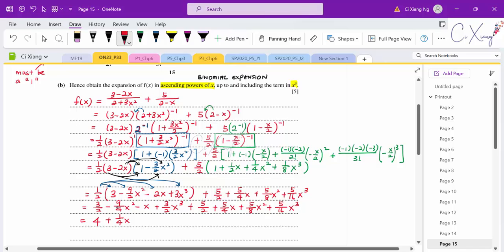For the term x squared, negative 9 over 4x squared plus 5 over 8x squared, if you didn't do any careless mistake, the calculator will give you negative 13 over 8x squared. Then the last term, 3 over 2 plus 5 over 16, by right this one is 29 over 16.